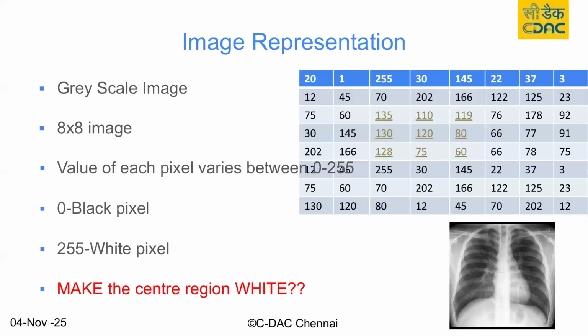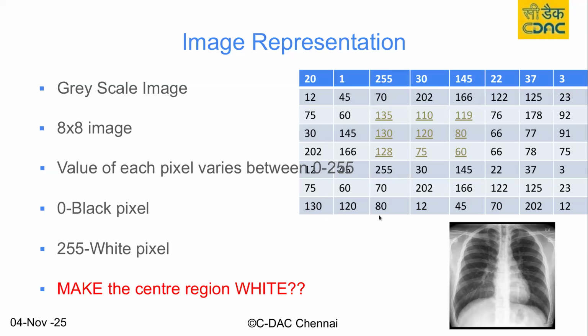If you are very new to computer vision, you might want to understand how the image is represented by the computer. Generally an image is represented in the form of a matrix. This kind of image will generally be a 256 by 256 matrix. Right now, for ease of representation, I'm using an 8 by 8 matrix.